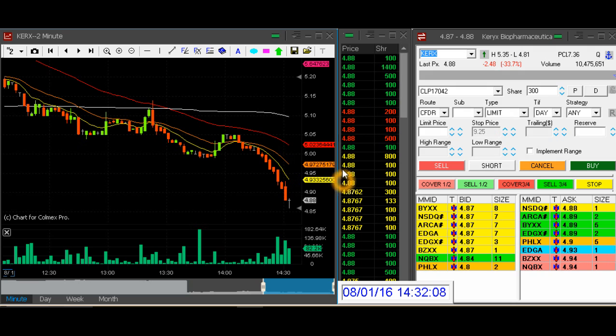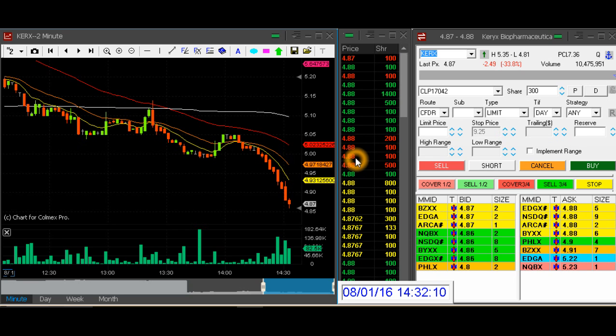And on the time and sales, you look at whether the information on the level 2 is executed, and in which direction.